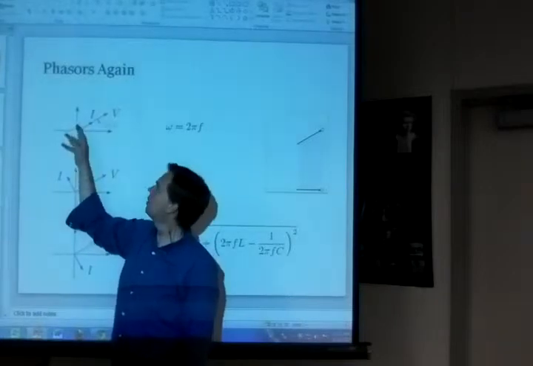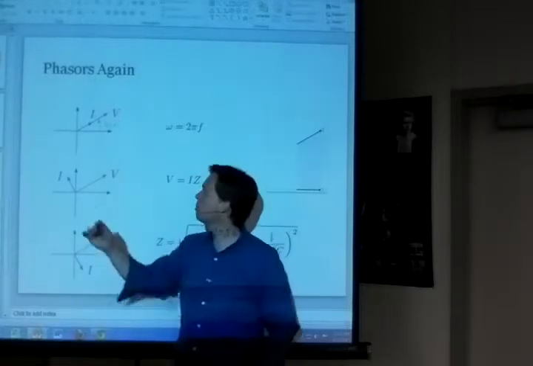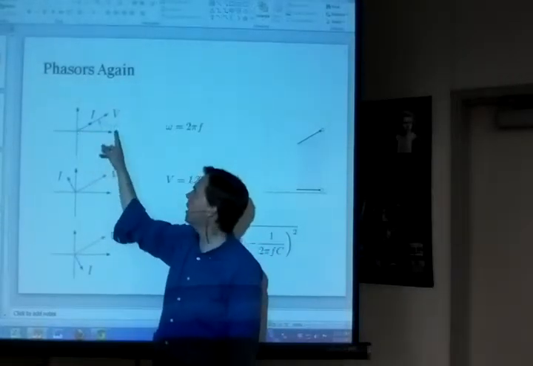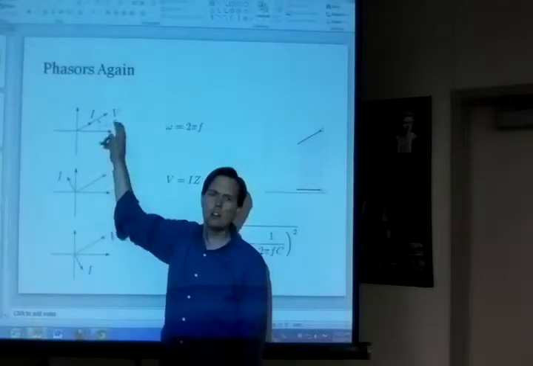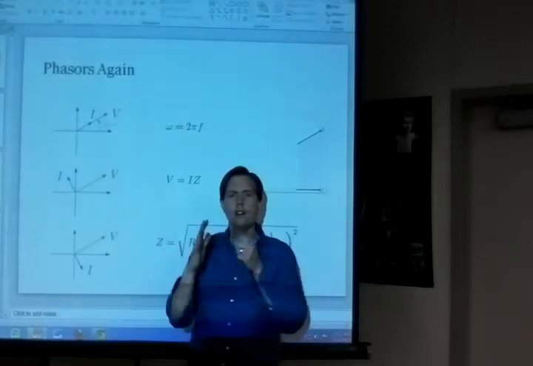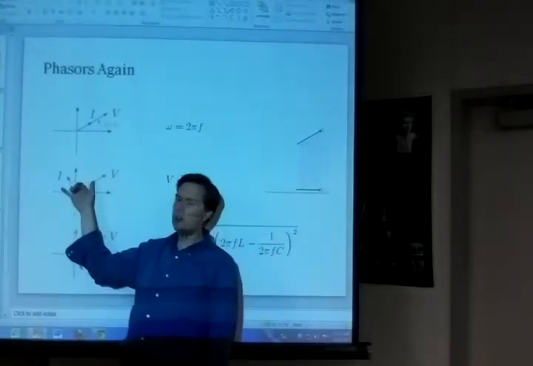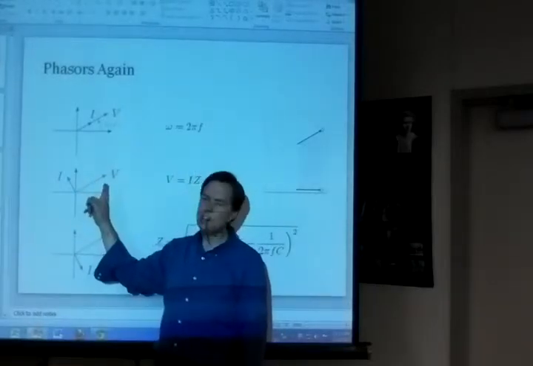But this is the picture for a resistor. A resistor, the current and the voltages are in phase with one another. When one peaks, the other peaks. When one's at its max, has got its maximum along the x, the other's got its maximum along the x. They go together. This is Ohm's law. For capacitor and inductor, there is a phase shift. There is an orientation difference. And so, in this case, the current's leading the voltage, right?